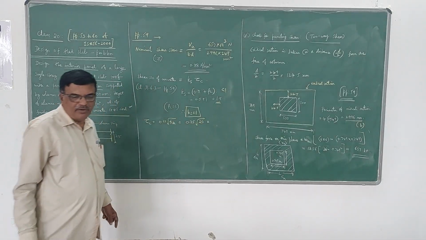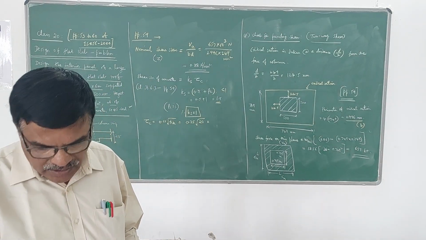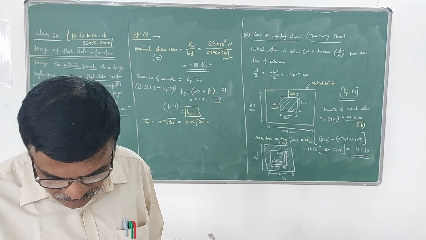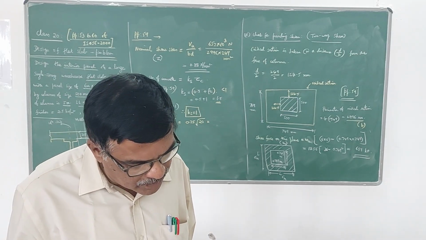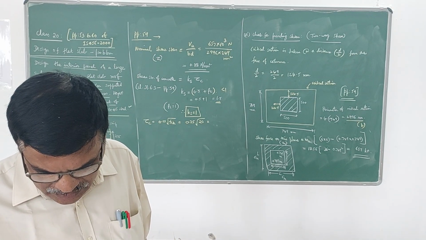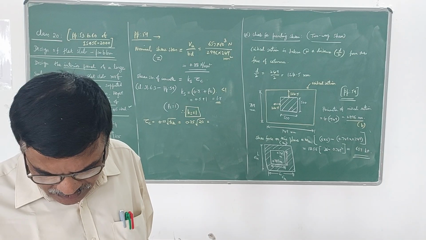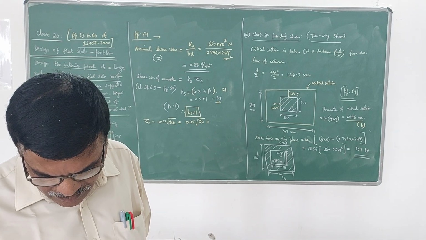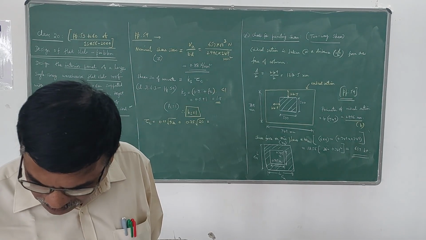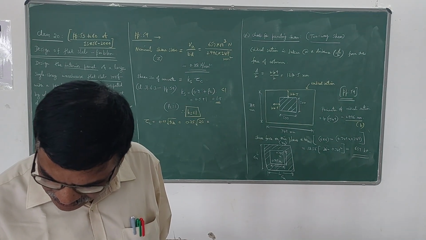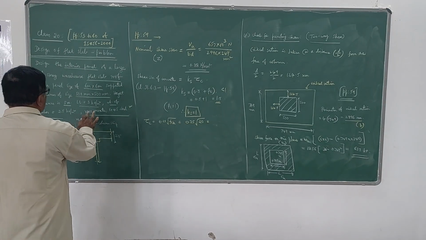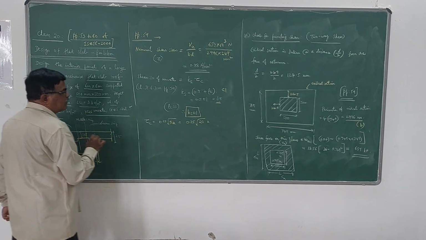M20 concrete is used, so it becomes 1.118. M20 or M25 concrete? Oh, M25 concrete. You take it as M25.